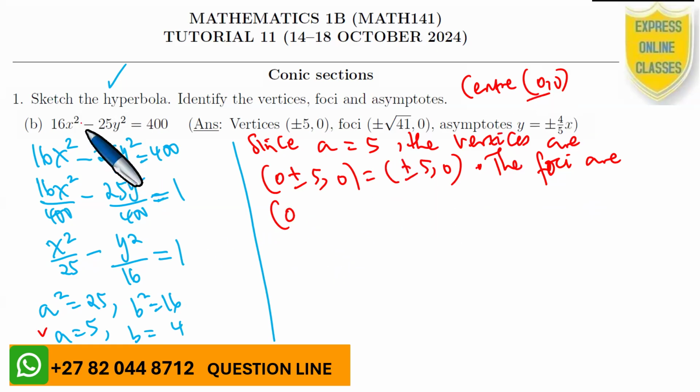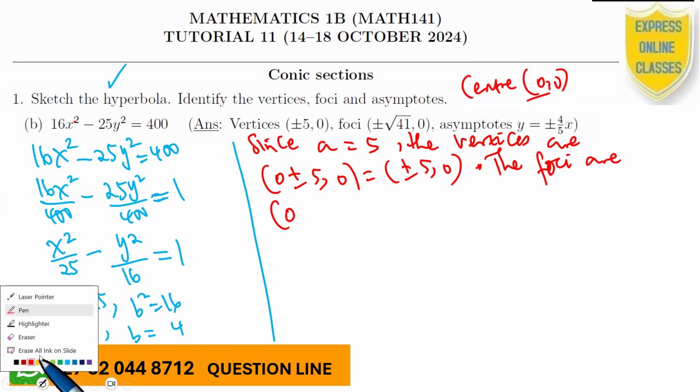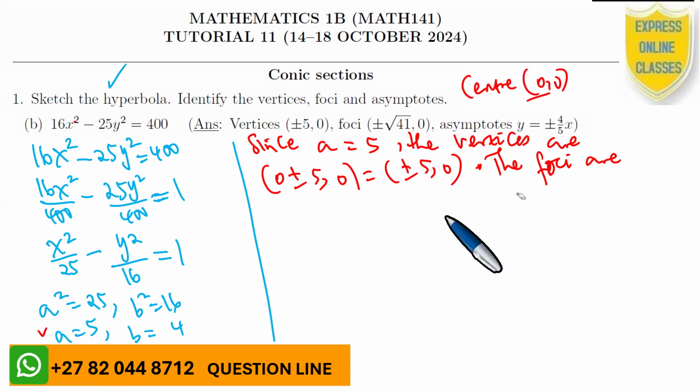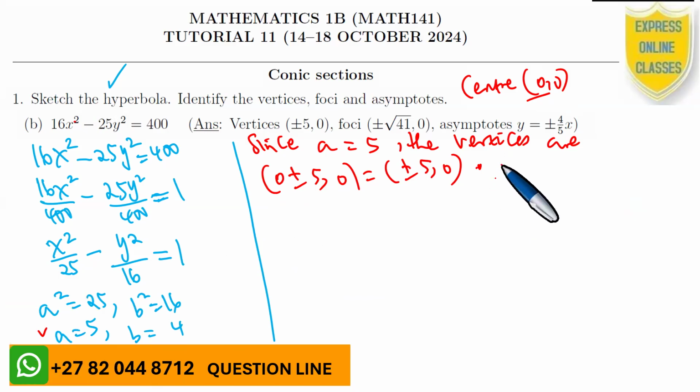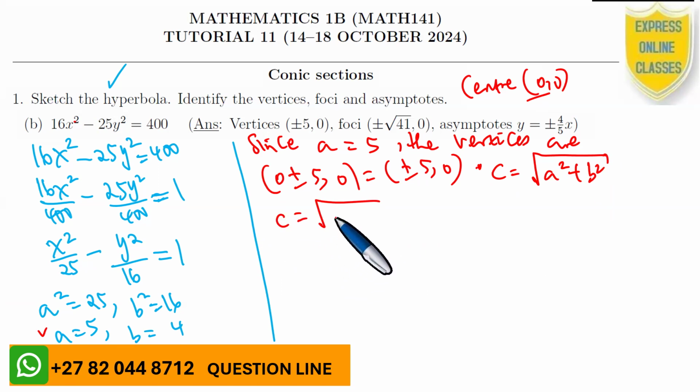The center is 0, 0 for this. But first, before we do the foci, let's get c. We need to find c, the sum of the squares. So our c becomes the square root of a squared plus b squared. A squared is 25, the b squared is 16. The sum of this is exactly 41.